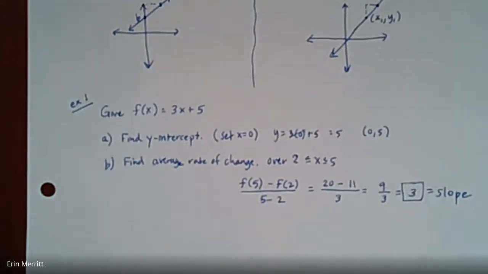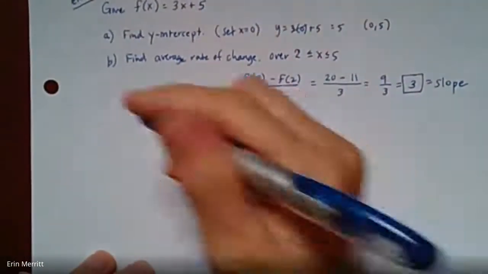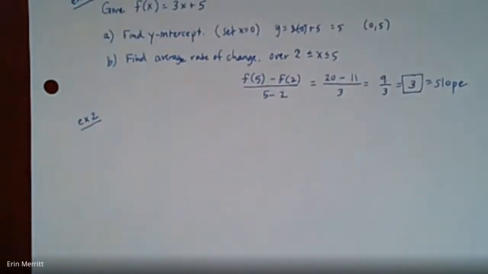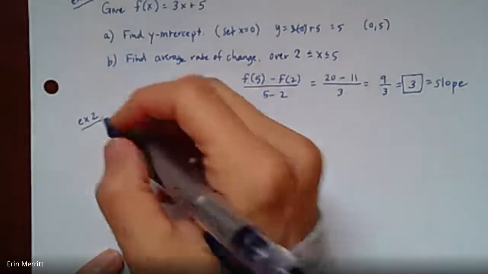Second example, let's actually do one where we have to do some calculating here. Right? So I'm going to tell you, and if you don't want to write all the words down, you can summarize or abbreviate on your own, but I'm going to write it all out.